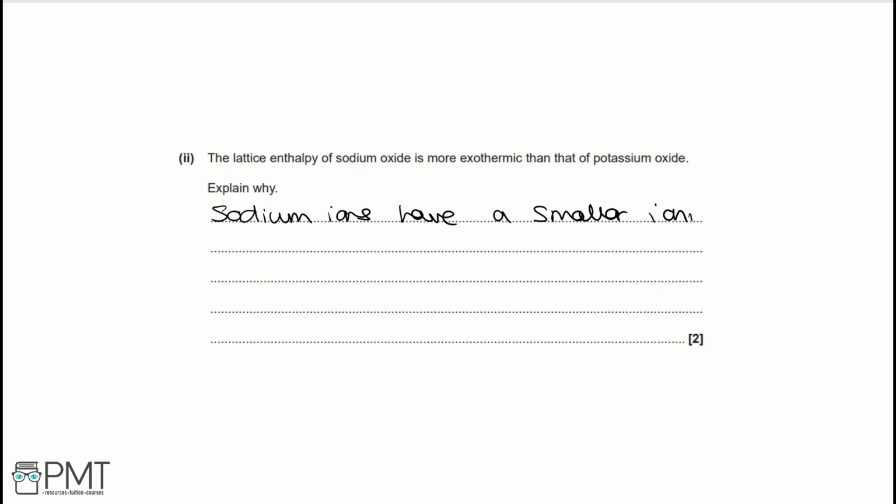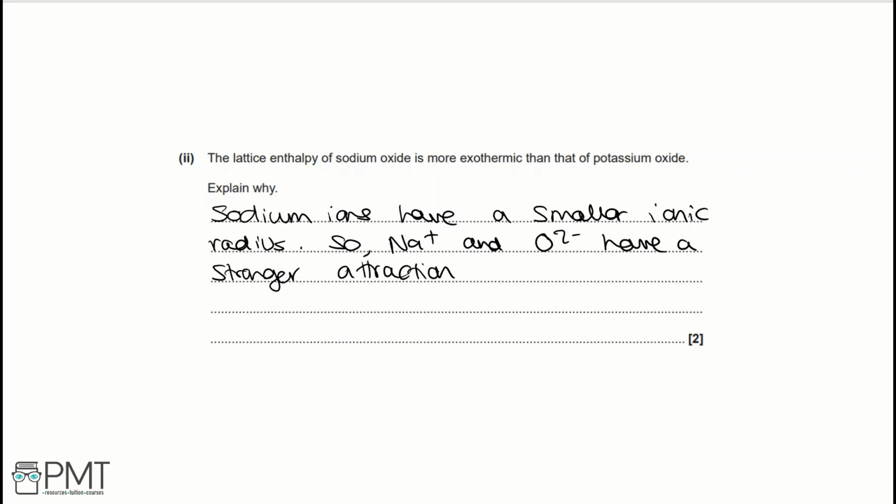Because they've got a smaller ionic radius, the Na+ and O2- ions have a stronger attraction because there's less space between them. To get the 2 marks for this question, you get your first mark for saying that sodium ions have a smaller ionic radius, and your second mark for saying that Na+ and O2- ions have a stronger attraction.